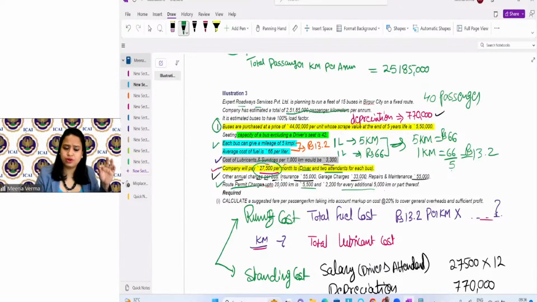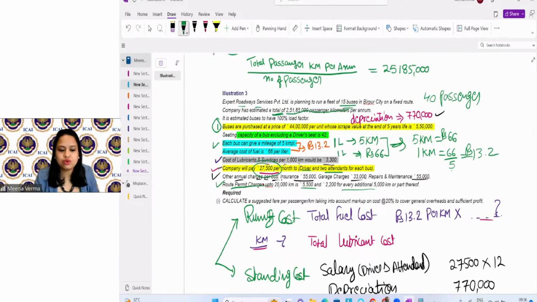This is the passenger kilometer per annum. Now what we will do, divide it with the number of passengers. And the point is that it is actually for 15 buses. Right, this is what total means. It is for all 15 buses.